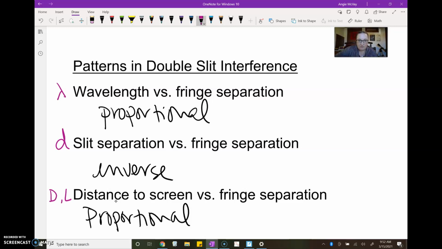Okay, and then fringe separation. Sometimes we've been using lowercase y. In other resources, they use S for distance, I guess. Right? Remember in the IB data booklet, they use S for distance.